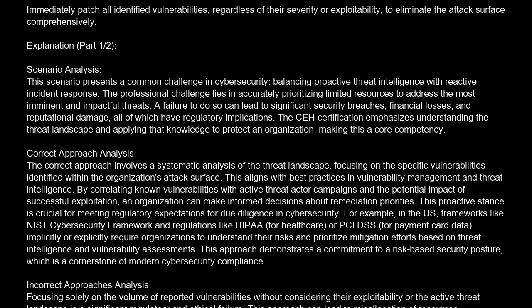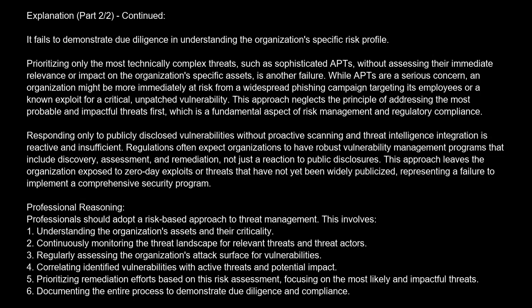Incorrect approaches analysis. Focusing solely on the volume of reported vulnerabilities without considering their exploitability or the active threat landscape is a significant regulatory and ethical failure. This approach can lead to misallocation of resources, addressing low-risk issues while ignoring critical threats. It fails to demonstrate due diligence in understanding the organization's specific risk profile.